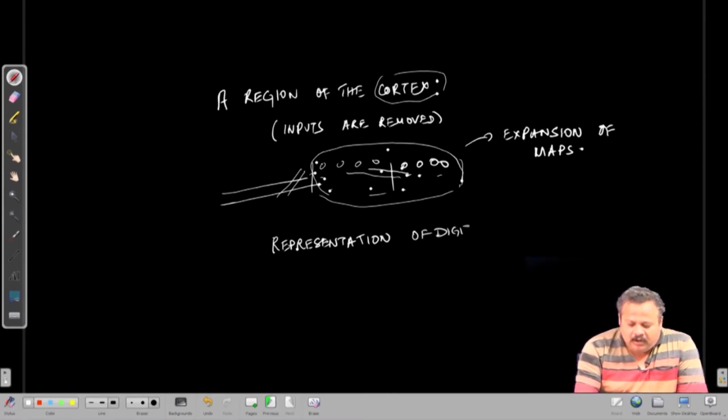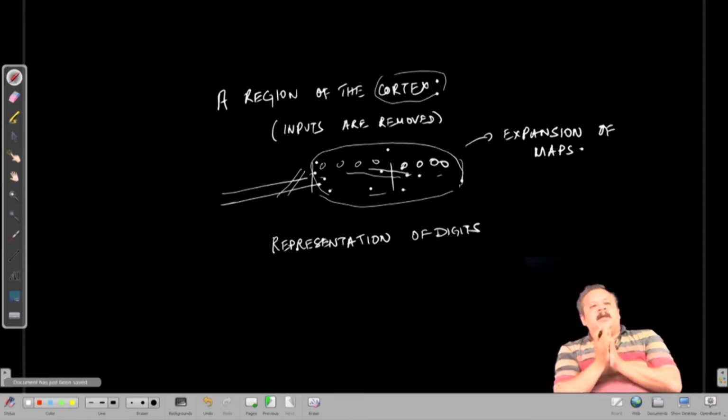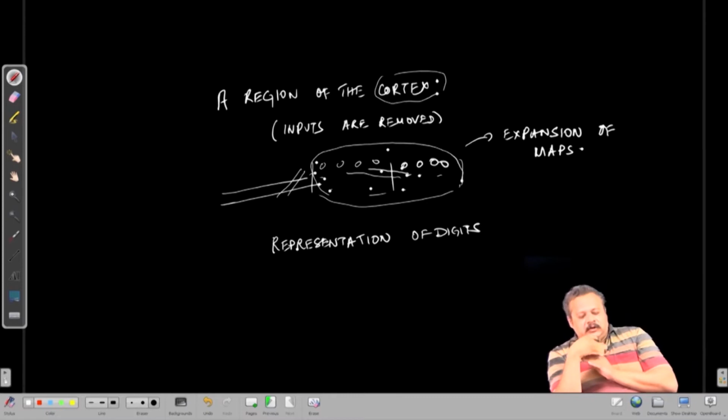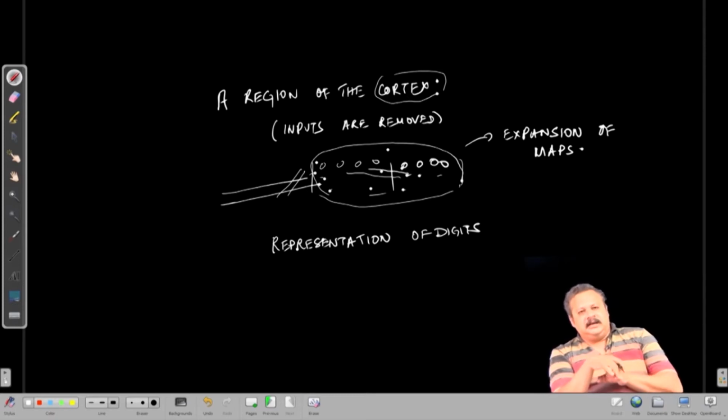If you recall, when we discussed the sensory systems briefly, we said that in the somatosensory cortex there is a map, in the sense that neurons at specific locations in the cortical region are sensitive to stimulation on particular regions of the skin or the body, and neighboring regions are mapped into neighboring regions in the cortex.